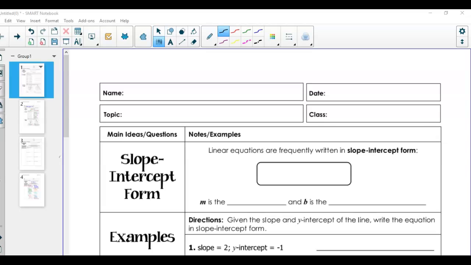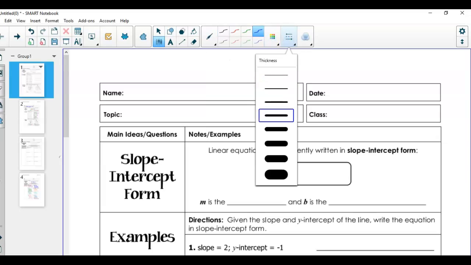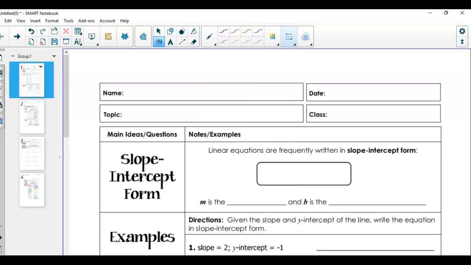Today we're going to talk a bit about slope-intercept form and how to convert standard form to slope-intercept form, because you're going to see that. So first, as a reminder, slope-intercept form is y equals mx plus b.